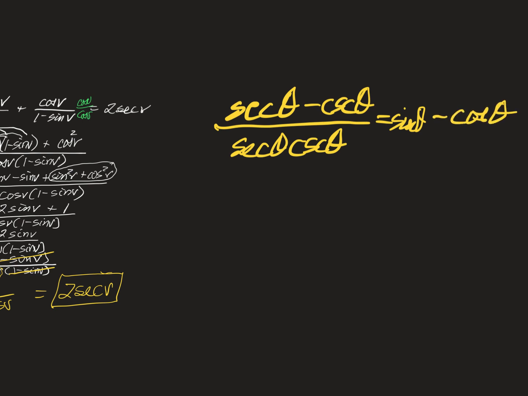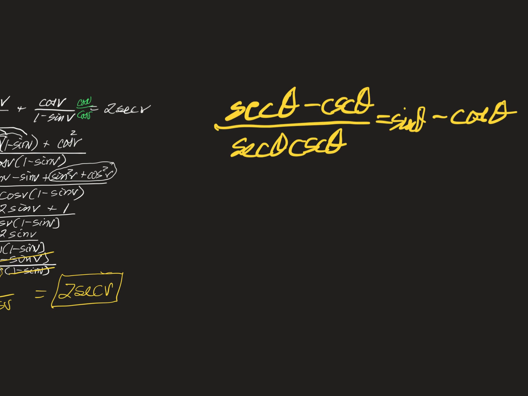So I would probably turn these secants and cosecants into sines and cosines, so use reciprocal identities. And then this means divide, so I'd multiply by the reciprocal of the denominator, and then that'll probably work.